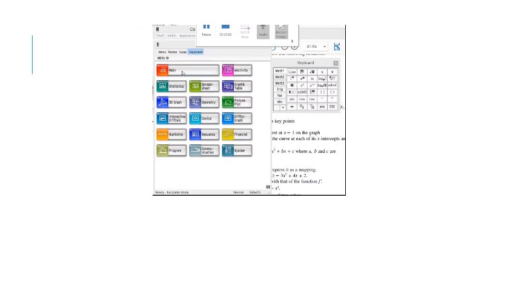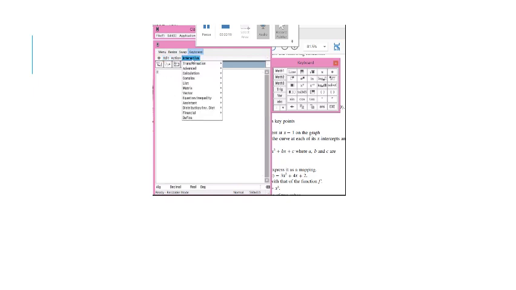Alright, so while I'm at it, if you go on main, I'll clear this first so it doesn't look silly. If you go on main, and then you go on keyboard here. Now, you have to remember the notation we're going for. Remember it's dy dx.